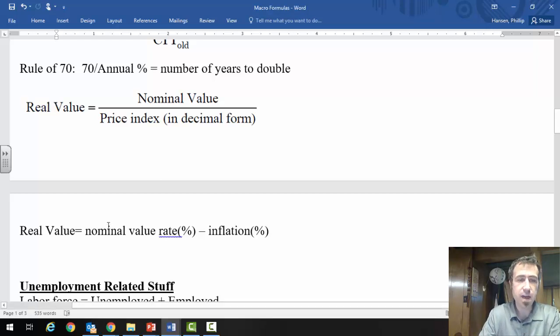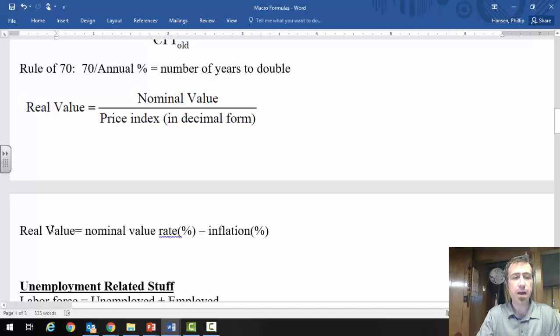Or if you have the nominal value rate percent, so your wage grew by 2%, but inflation was 5%, then 2 minus 5 would equal a real value of -3. You've actually lost value. You can buy less stuff in that example, right?